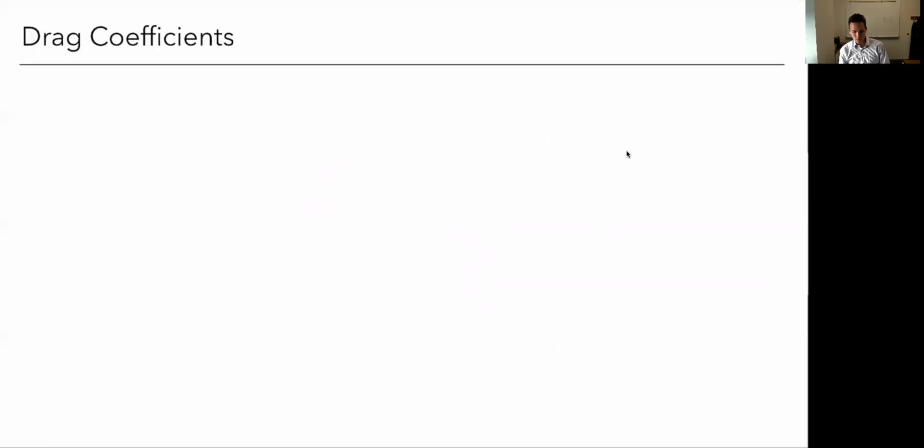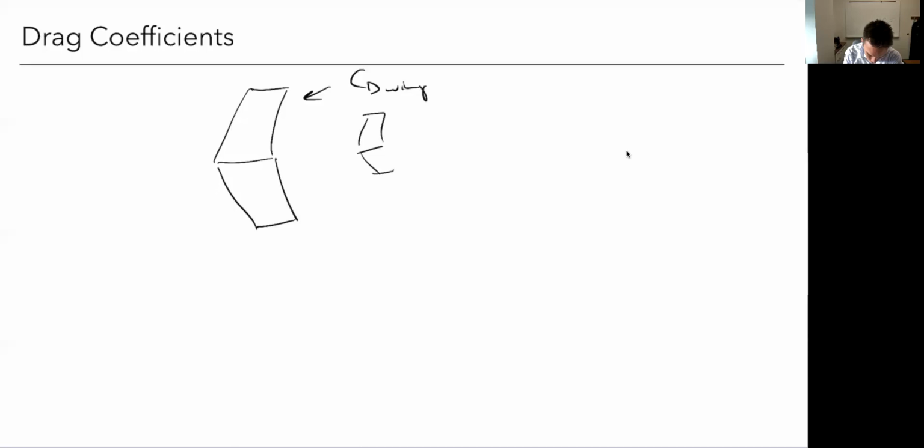Okay, so the last thing we're going to talk about is drag coefficients, adding these together. So what you're going to do, let's say I've got a wing, and I calculated the drag coefficient for my wing, and I've got a tail, and I calculated the drag coefficient for my tail, and I've got, say, this fuselage, and I calculate the drag coefficient for my fuselage.